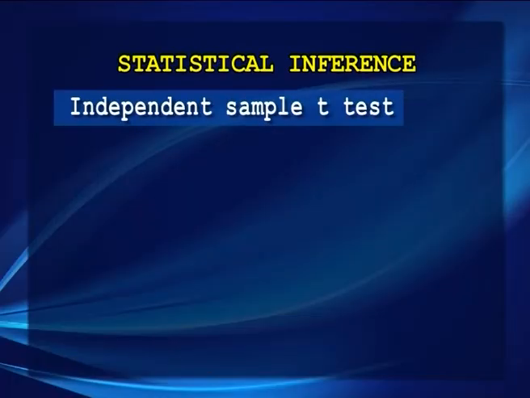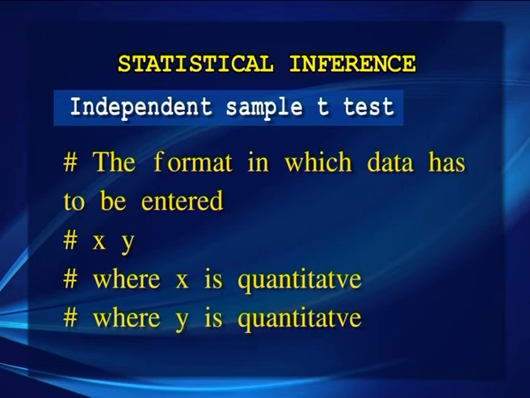Next we will see statistical inference, how an independent sample t-test can be carried out. The format in which data has to be entered is, first column will have the values of the first variable, that is x, second column will have the values of the second variable, that is y, where x is quantitative and y is also quantitative.